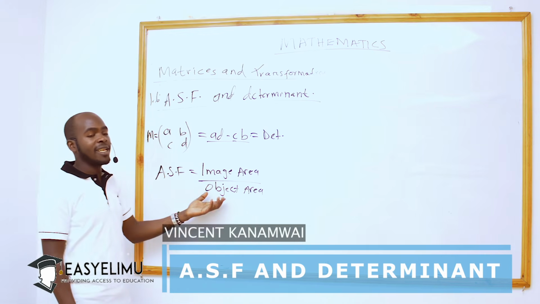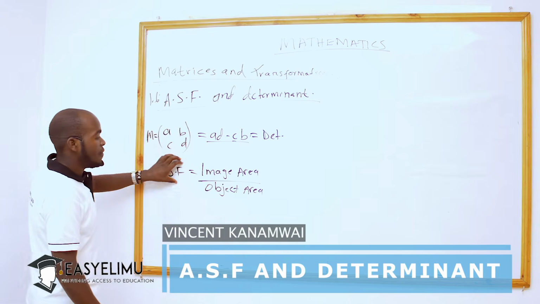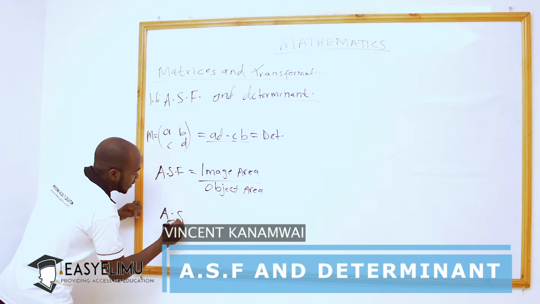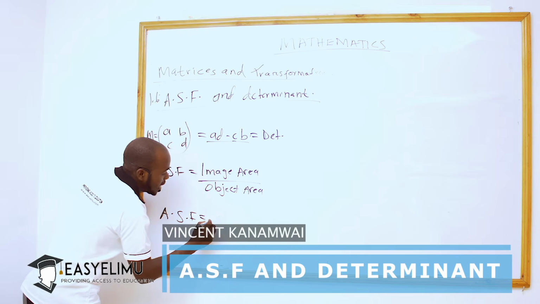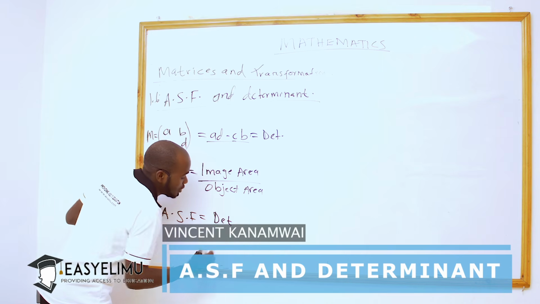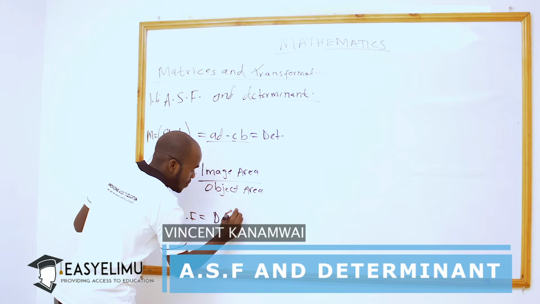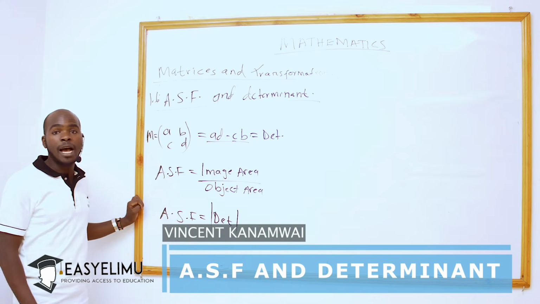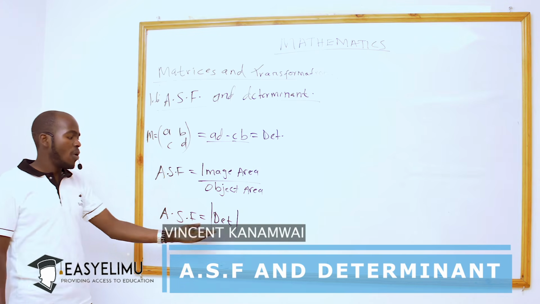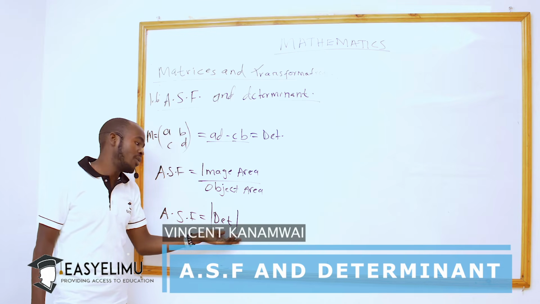And if you have a certain matrix, area scale factor is the same as taking the determinant of that matrix, but you find its absolute value. What do I mean by absolute value?